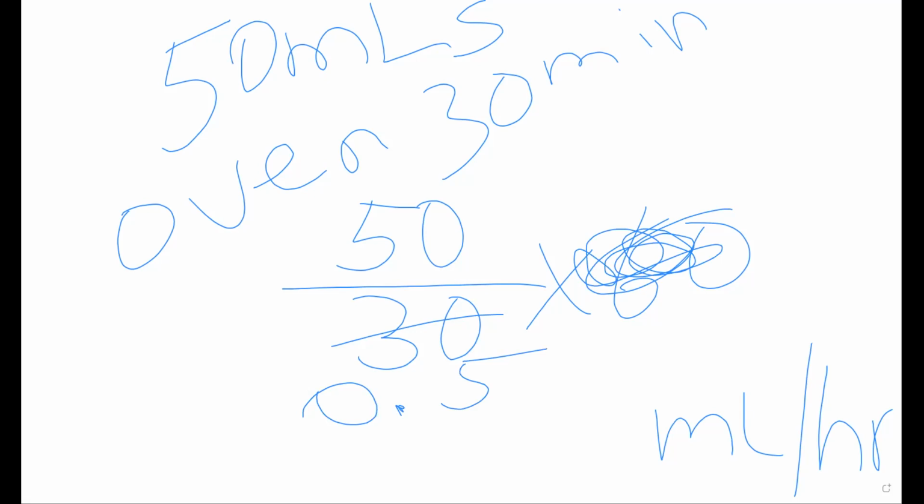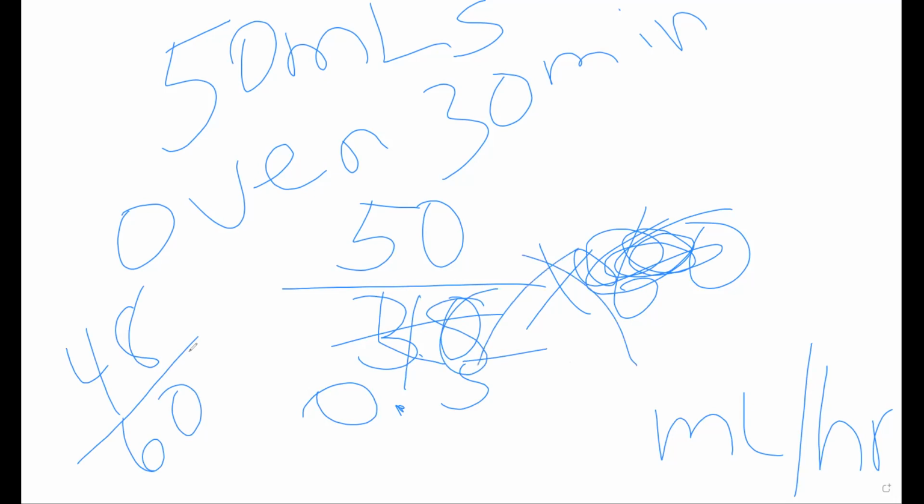However, the easy way, because you don't always have that 30, what if I said 48 minutes? Now you're going to divide it by 60 and come up with some weird decimal to put here, right? Or I could just put 48 here and multiply the whole thing times 60, and I'm still going to get the same answer.